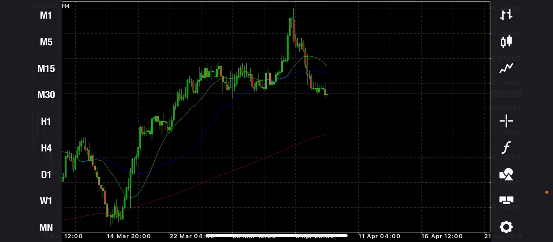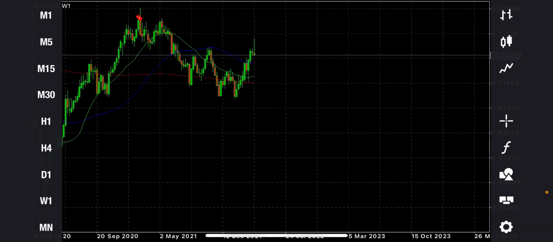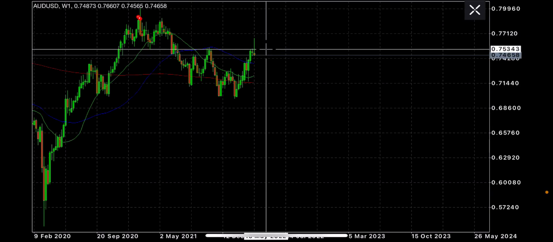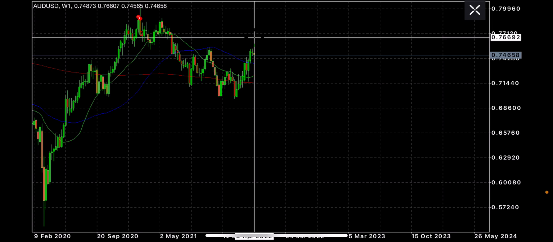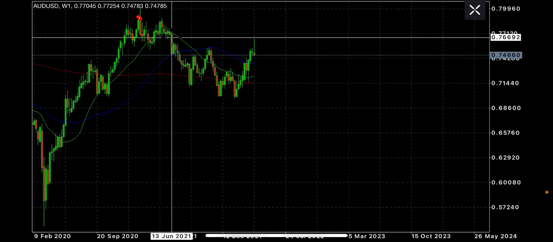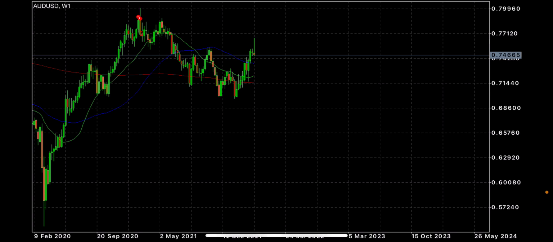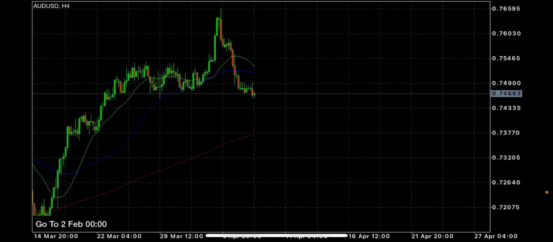The last time price was this high was June of 2021, about 8 to 9 months ago. So we were destined to fall at some time. Now that fall has started.